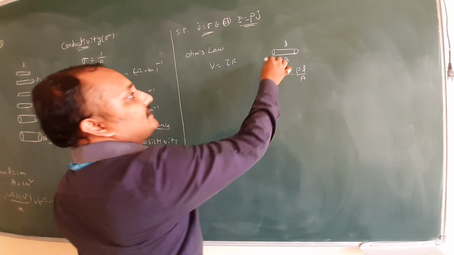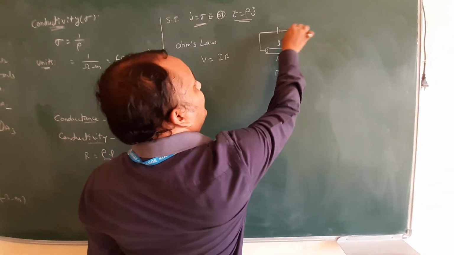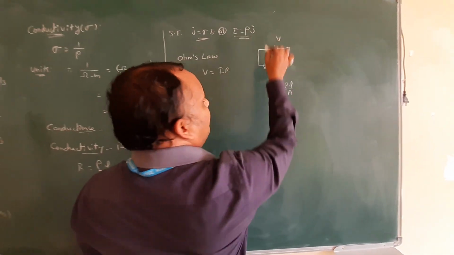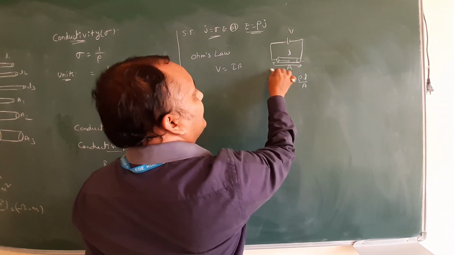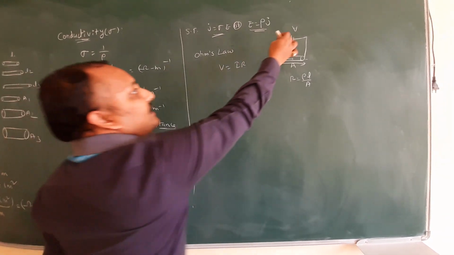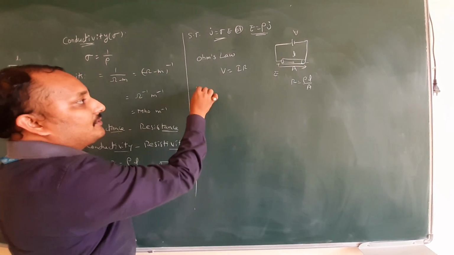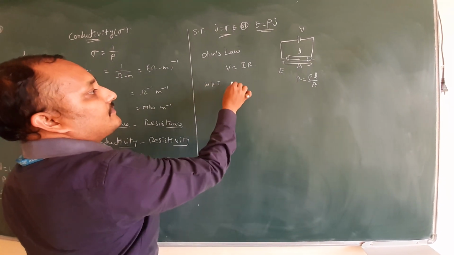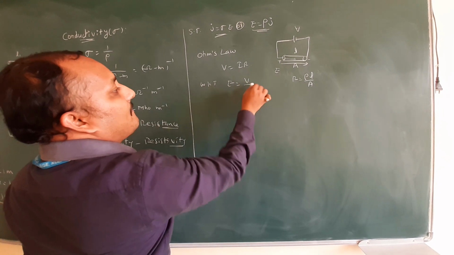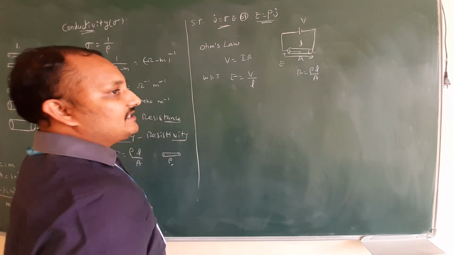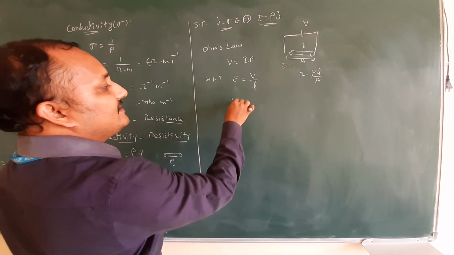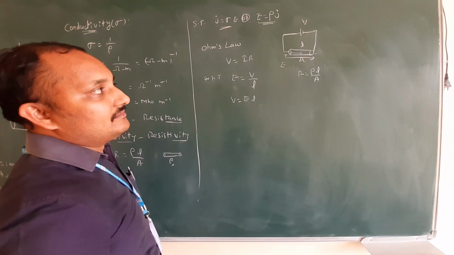Whenever we apply some potential difference, we get an external electric field in this direction. What is the relation between V, E and L? E is equal to V by L. This is the third time we are using this equation. Then V is equal to EL.